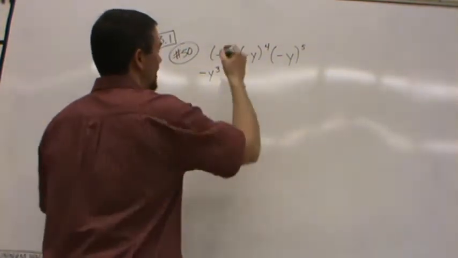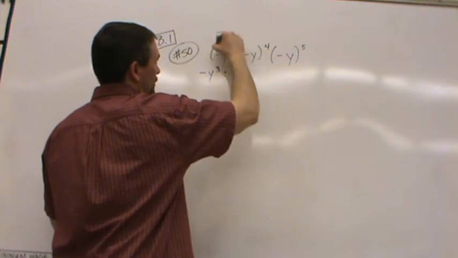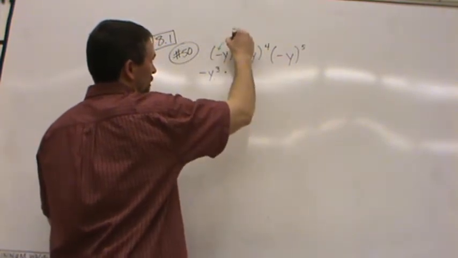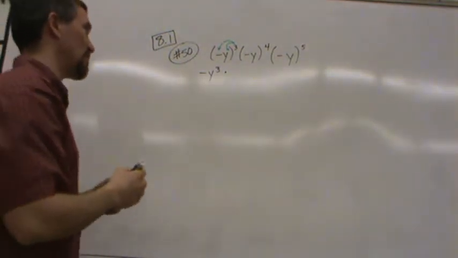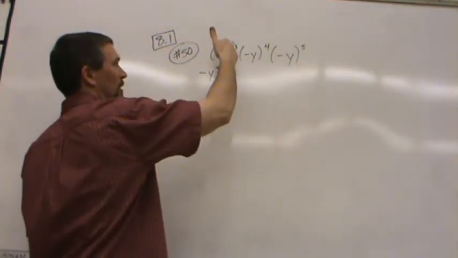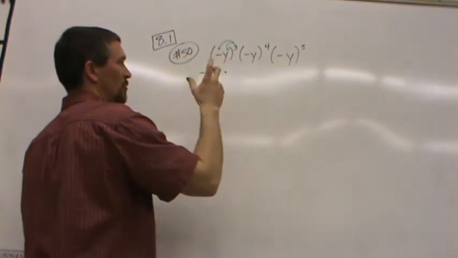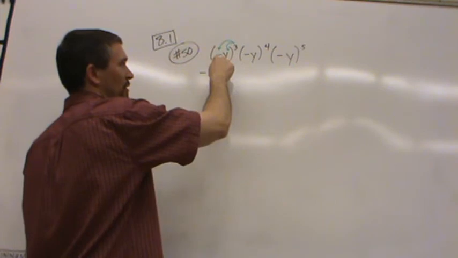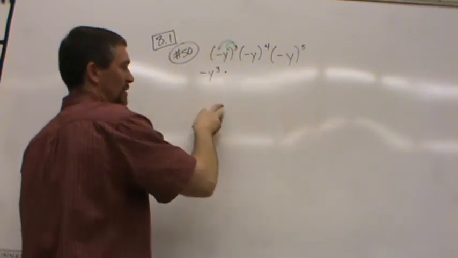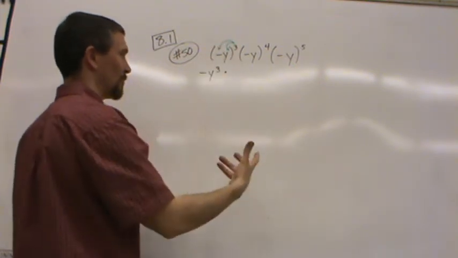I guess you could say that the 3 sort of affects the negative. You might want to start thinking that it actually distributes through to the negative. And I almost want to say that it's like a negative 1 sitting there. So negative 1 to the third power, you know, negative 1 times negative 1 times negative 1 is actually negative 1.